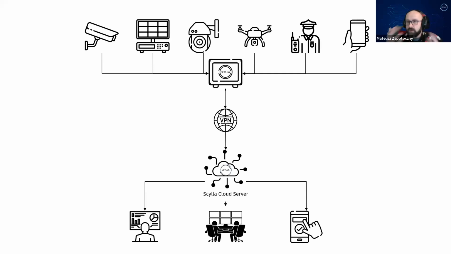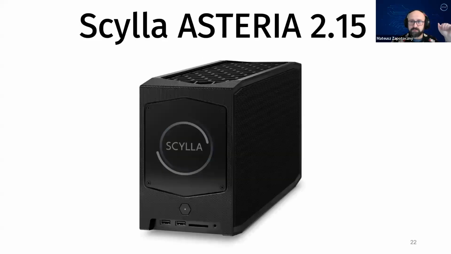Or if you are the customer and you don't want to put it anywhere, but you have this problem with multiple branch offices, still you can put this kind of server in your facility, and you can have your own private cloud server to manage all the devices from there. So this is the overall architecture of the system itself.